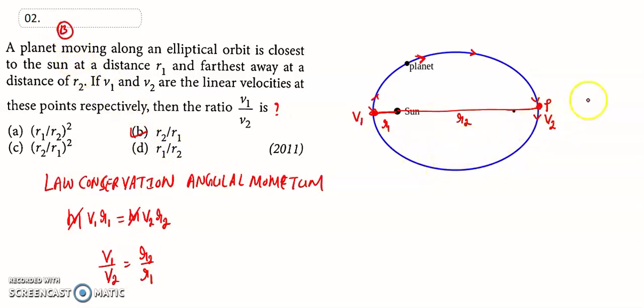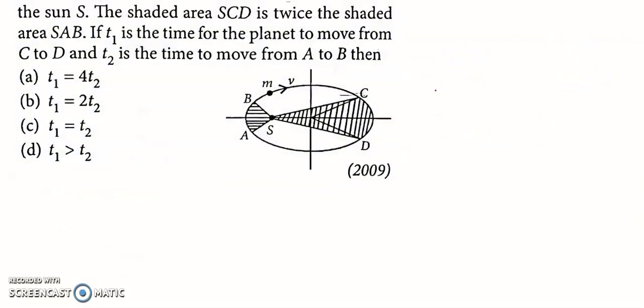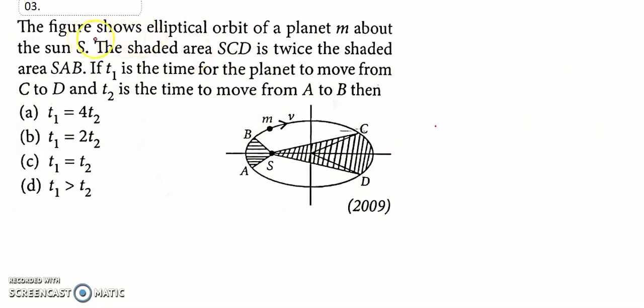So let's move to the next question, question number 3. The figure shows an elliptical orbit of the planet M about the sun. The sun is here. The shaded area SCD is twice the area of SAB.